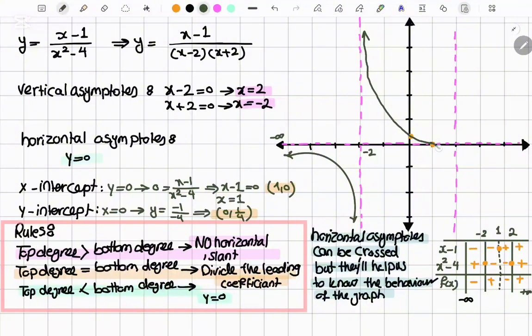So I'm supposed to have like a turning point here. And I'm going to be down. And from 2 to positive infinity, the graph is on the positive side. So it's going to look something like this. Okay, so guys, here is the graph.